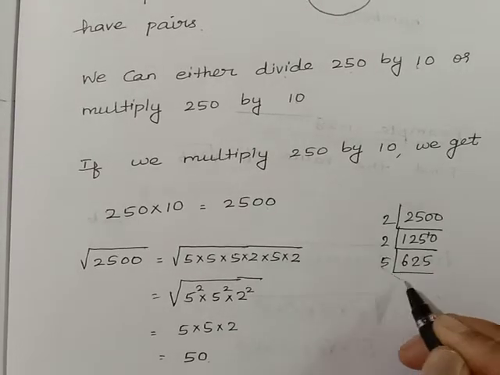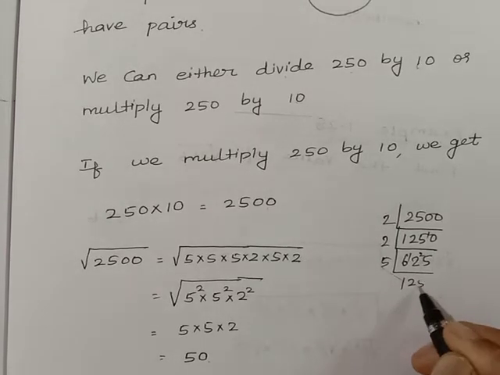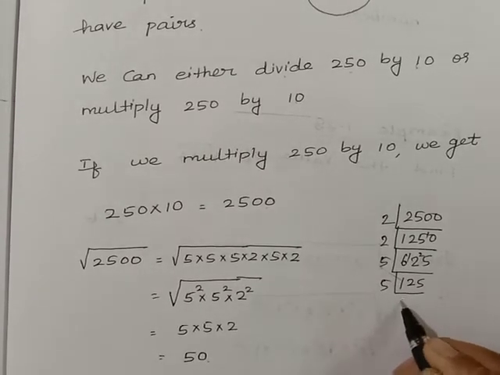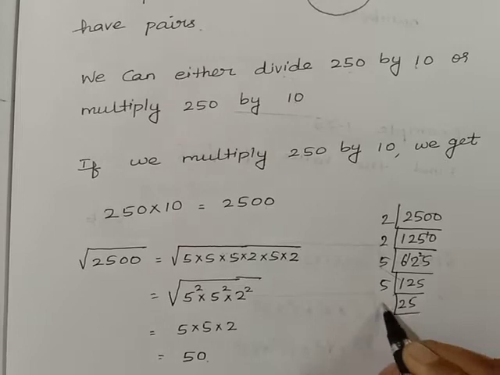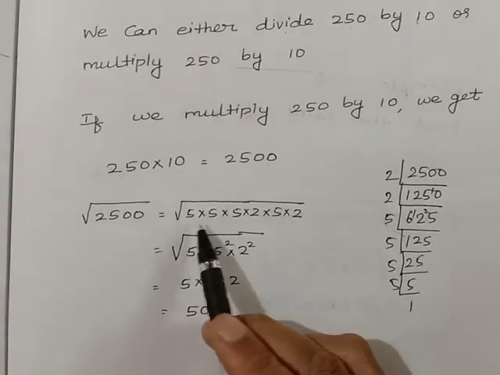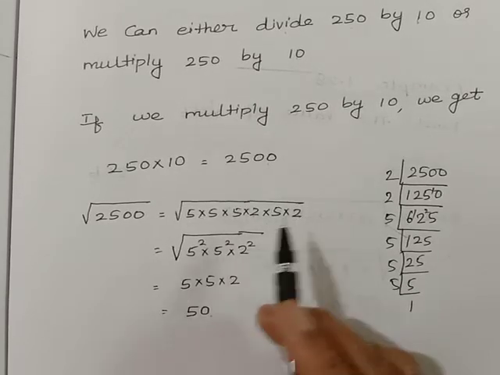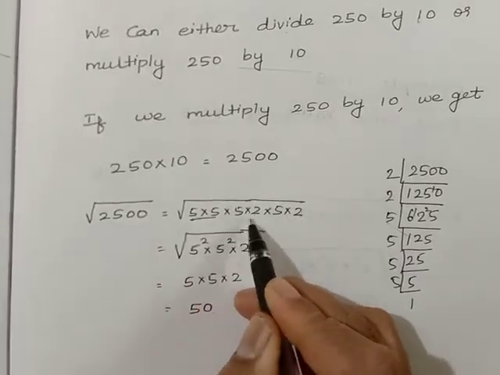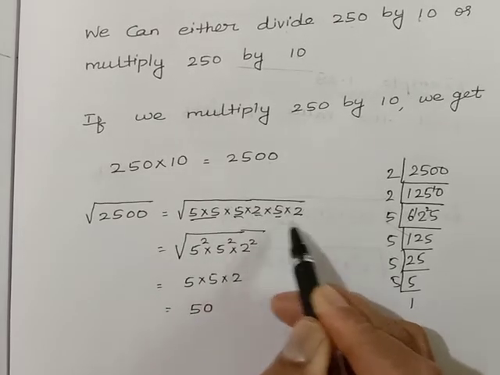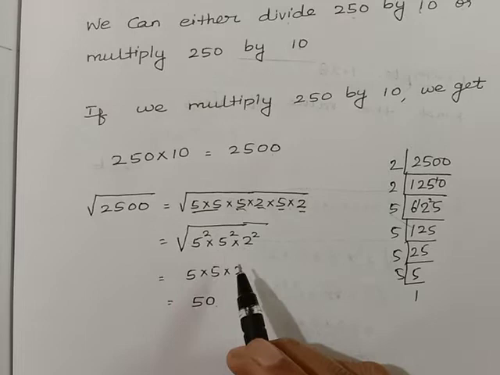Again by fifth table, 1 5s are 5, balance 1, 5 2s are 10, balance 2, 5 5s are 25. So 5 into 5 into 5 into 5, and we have 2 2s. So 5 into 5 we have a pair, 5 5, and 2 2 we have pairs. So 5 square into 5 square into 2 square.